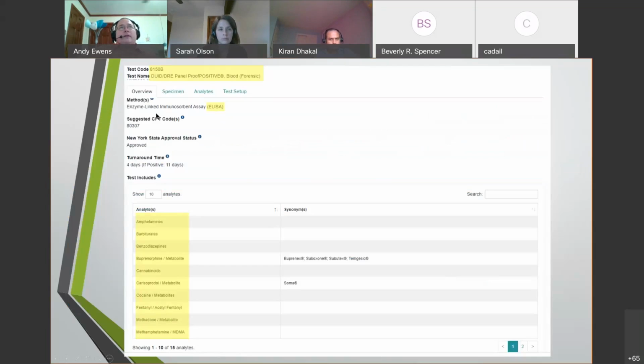They're saying it's an ELISA, so that is a screening test, and they're going to be looking at amphetamines, barbiturates, benzodiazepines, buprenorphine, marijuana, carisoprodol. Sorry, I always have trouble pronouncing this one.